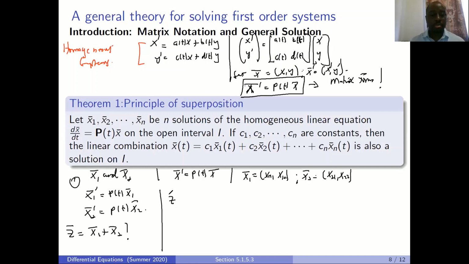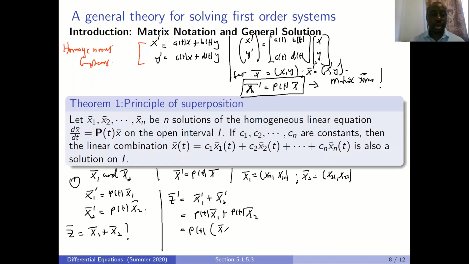All right, so let's see. What is z bar prime? We know that z bar prime is going to be x1 bar prime plus x2 bar prime, because it's just a sum. Well, what is x1 bar prime? This is p of t x bar 1 plus p of t x bar 2. We can factor out a p of t.